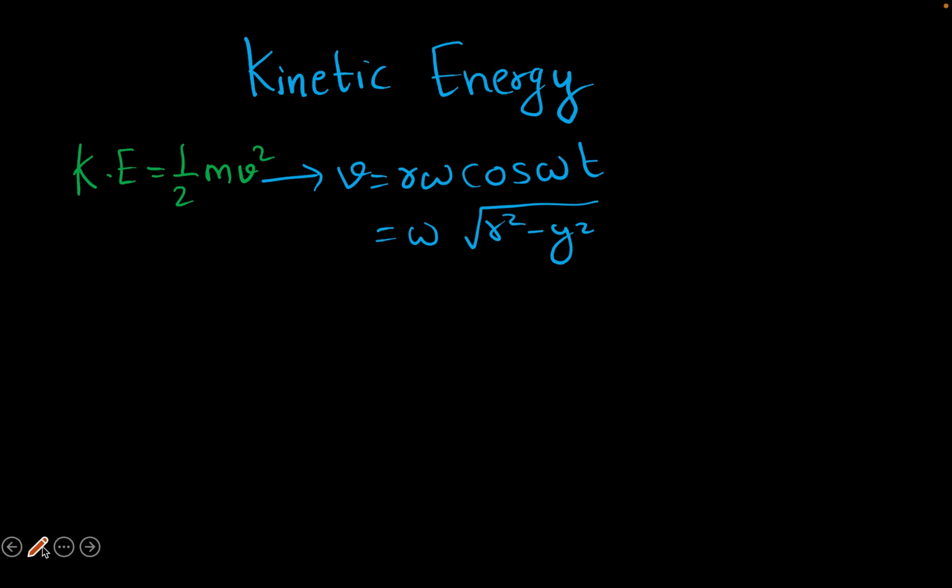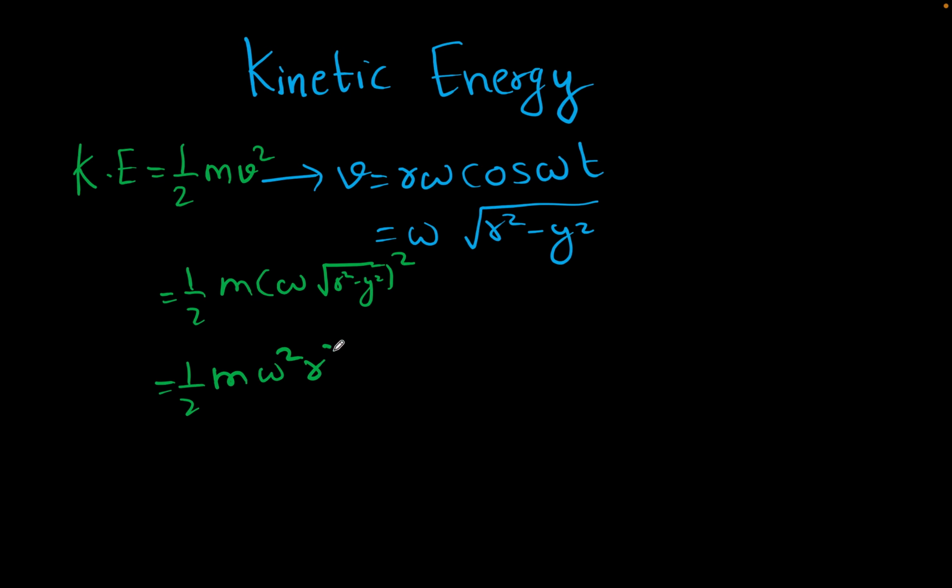So if we replace it right here, we will get that kinetic energy is half of m omega root of r square minus y square, whole square, that is half of m omega square r square minus half of m omega square y square. That is our first equation right there, and the derivation for kinetic energy.